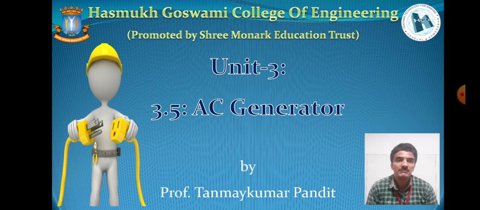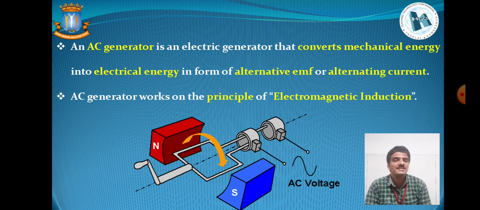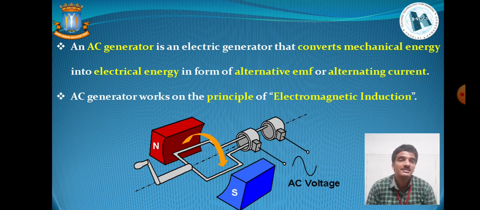So today we will discuss briefly the principle, that is electromagnetic induction, on which AC generators work. So what is electromagnetic induction? This is the combination of the electric field as well as the magnetic field, and the AC generator converts mechanical energy into electrical energy in the form of alternating EMF.